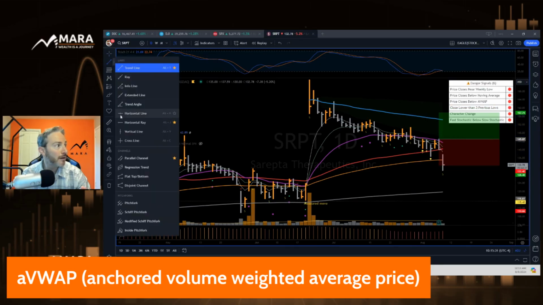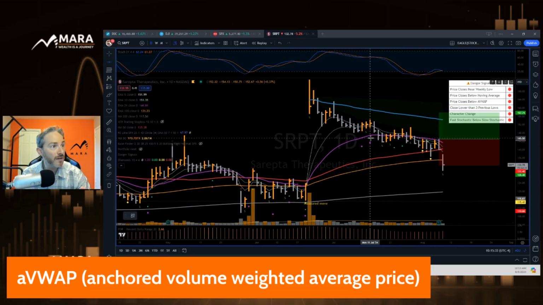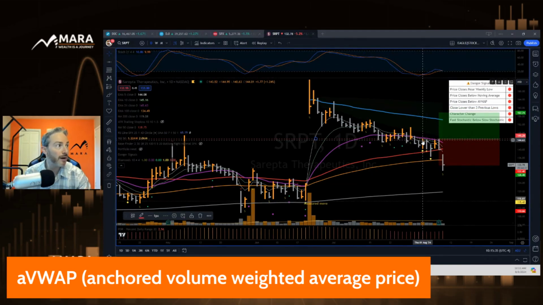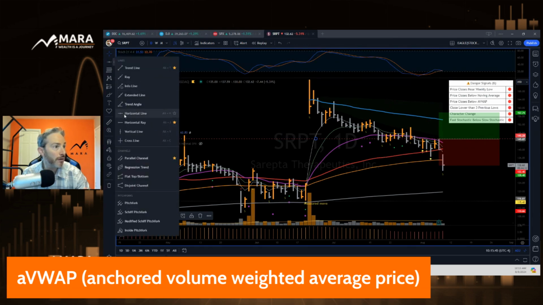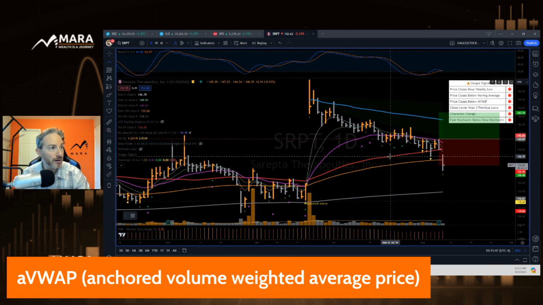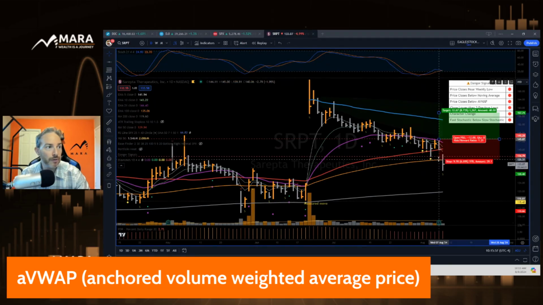We spotted a resistance level at around 145 bucks, and potential support right below this recent low. We'll draw another line right there to flag that. That was potential support at around 136 and a half bucks. So we'll put this over here.